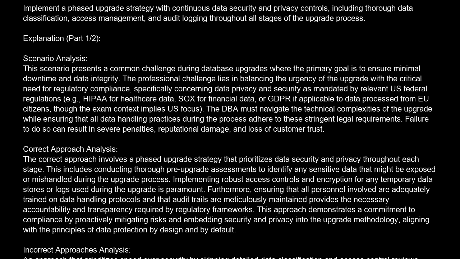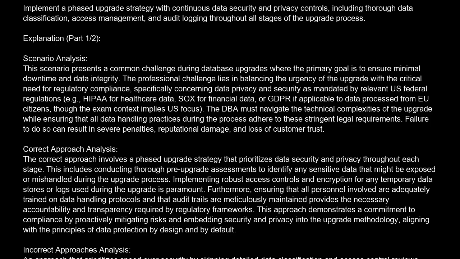Correct approach analysis. The correct approach involves a phased upgrade strategy that prioritizes data security and privacy throughout each stage. This includes conducting thorough pre-upgrade assessments to identify any sensitive data that might be exposed or mishandled during the upgrade process. Implementing robust access controls and encryption for any temporary data stores or logs used during the upgrade is paramount.